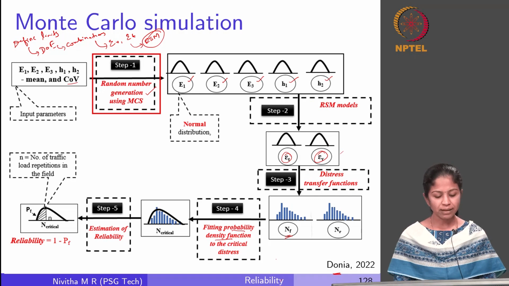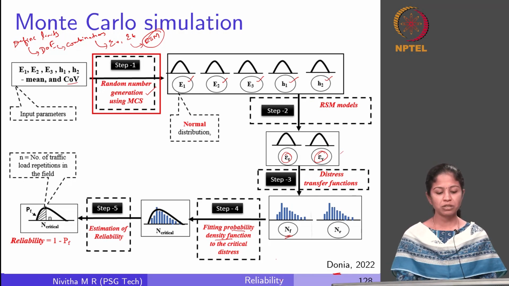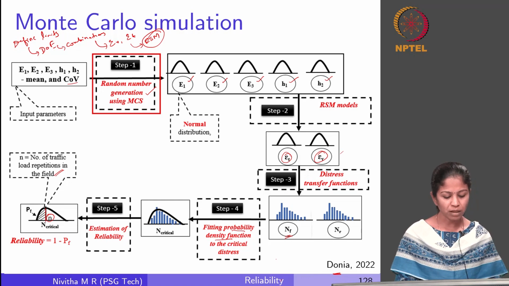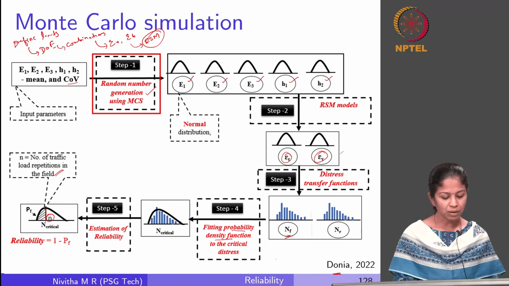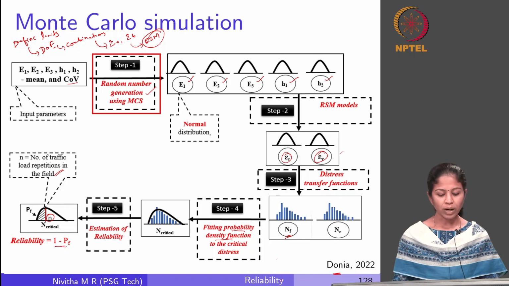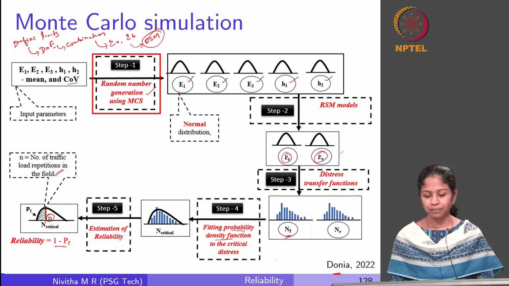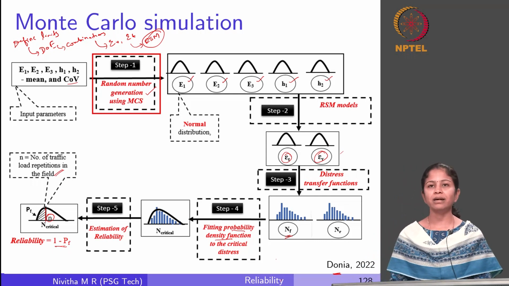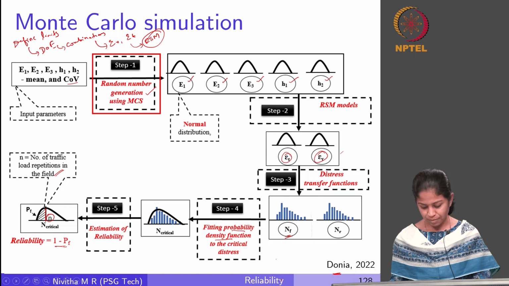Now we will calculate the n value, which is the number of traffic load repetitions that will be observed in the field. Now we plot this n on this plot. This is going to be the probability of failure, and this will be the reliability, which is nothing but 1 minus probability of failure. Right. So this is in summary about the simulation technique and how to use it for reliability estimation.